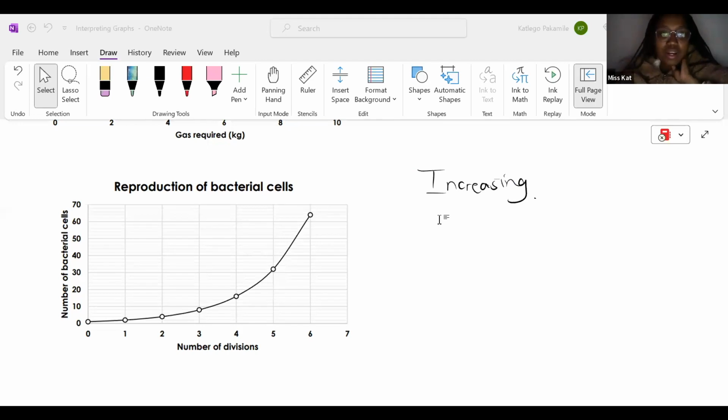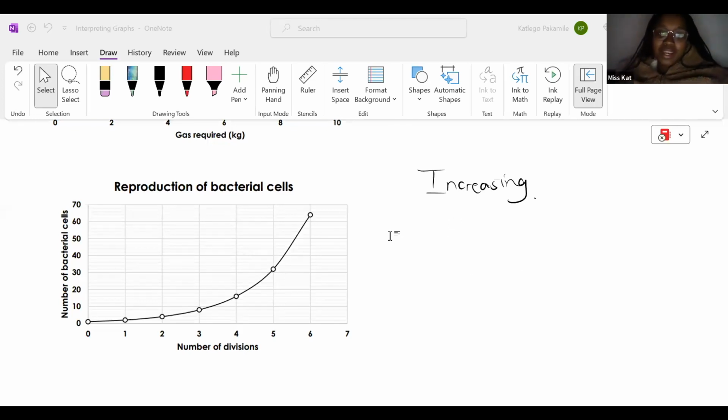Now I'm going to go back and say, is this a linear or a non-linear graph? It's increasing, but is it linear or non-linear? Non-linear, great. I just wanted you guys to see that these properties are not necessarily dependent on one another.